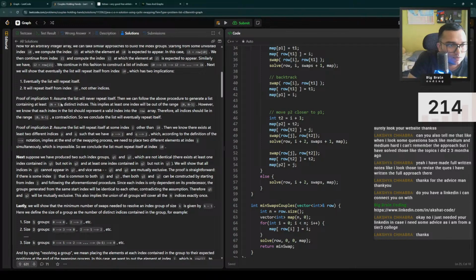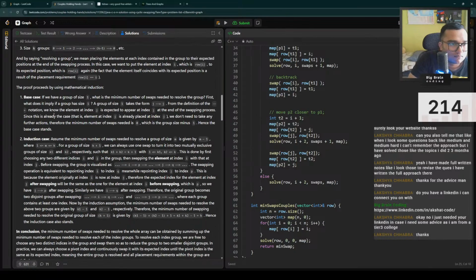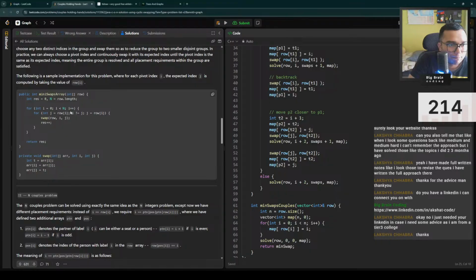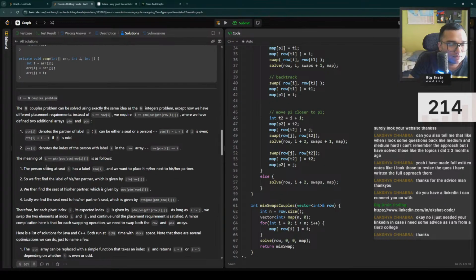Eventually, the list will repeat itself. It will repeat itself from index i0. Base case: if we have a group of size 1, what is the minimum number of swaps needed to resolve the group? Okay, n couples problem, except now we have different placement requirements.